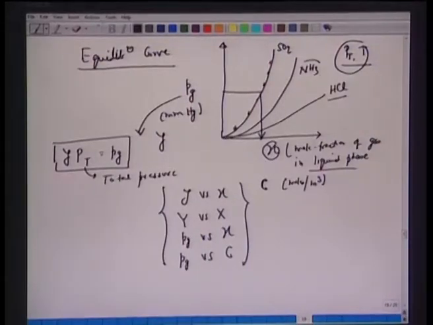So, these are the diffusing species or transferring species, the species which absorbs in a certain solvent.